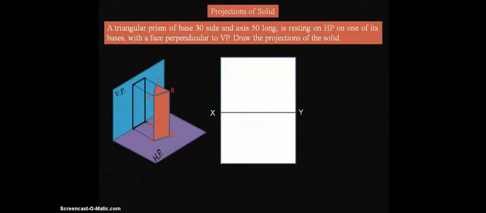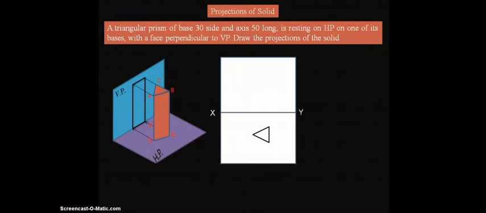Here in the top view we can see the exact shape of the base, that is a triangle. What dimensions has he given? An equilateral triangle with a side of 30 mm. So with side equal to 30 mm we have to draw the triangle. First draw the triangle by using the simple method, which you already know. By drawing the triangle, this is the top view we have obtained.